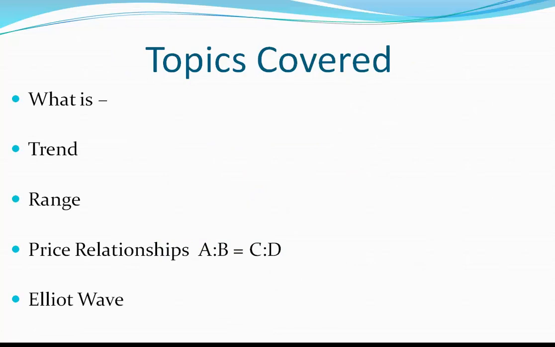We're only going to cover 5 different ideas today, 4 different ideas. We're going to cover trend. We're going to cover range. We're going to cover price relationships, what we call an A to B, C to D relationship. And then we're going to cover the basic beginning of Elliott wave. In the future, we're going to expand on Elliott wave.